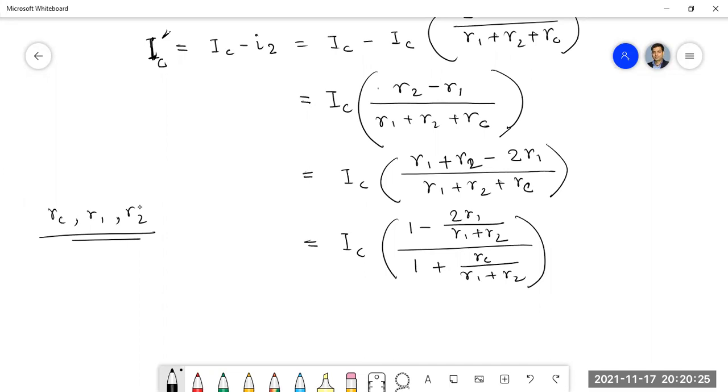Any idea? I think R1 is less because the brush has greater contact with commutator segment 1.